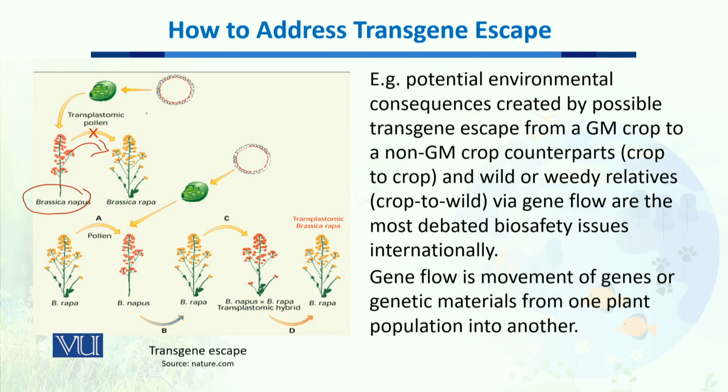Now, when we talk about transplastomic species, in transplastomic strains the genetic modification is done in the plastids instead of the main genome which is present inside the nucleus. So the nuclear DNA is not modified.